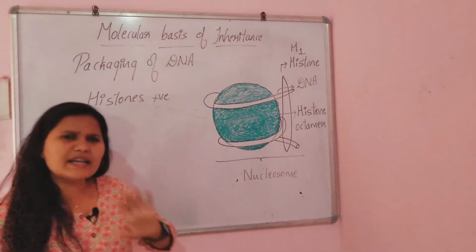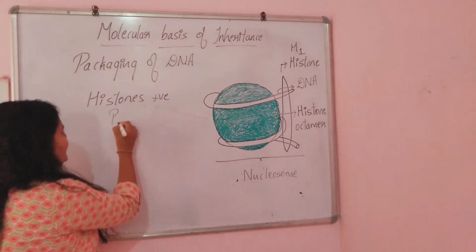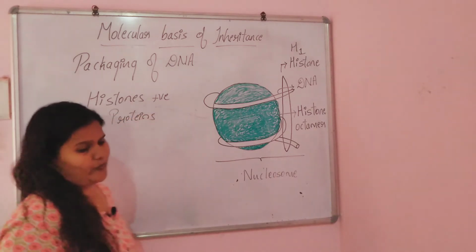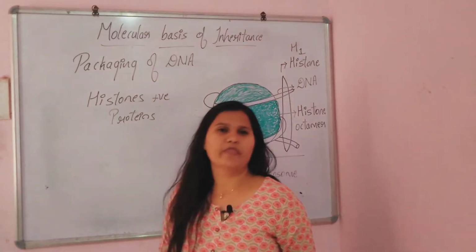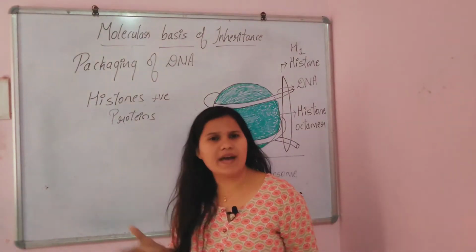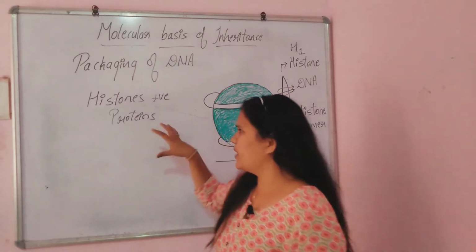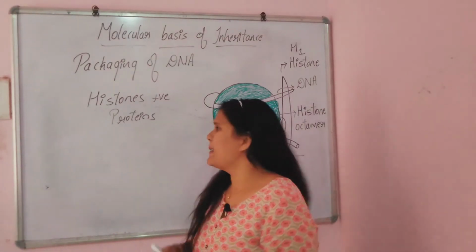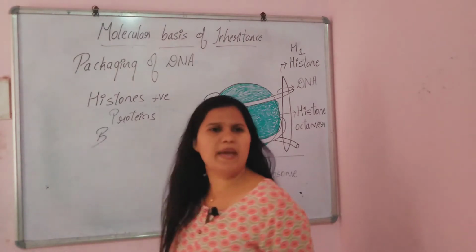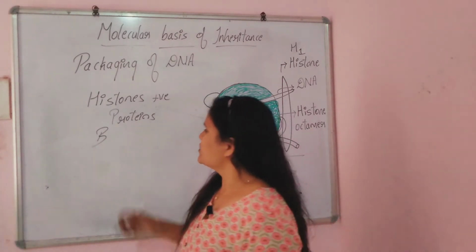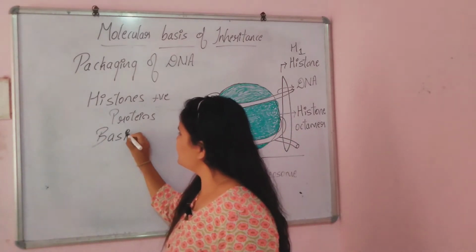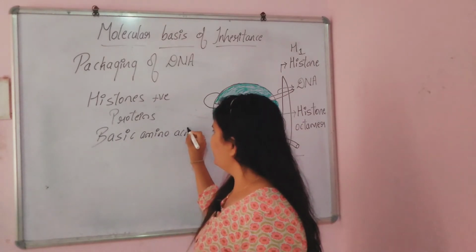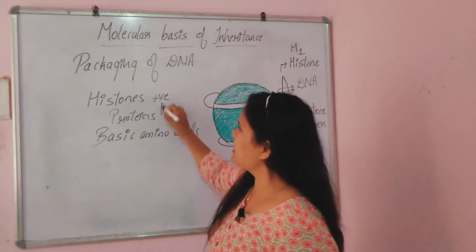Histones are the positively charged particles, and they are proteins. What kind of proteins? Proteins are made up of amino acids, right? We know acidic, basic and neutral proteins. In the same way, the basic amino acids form these histones.